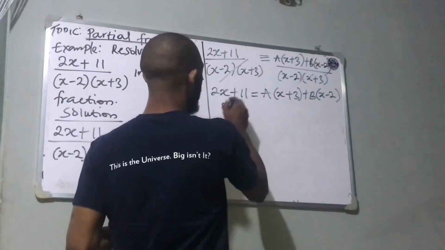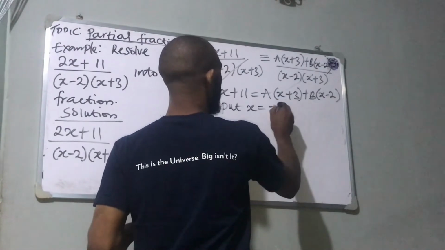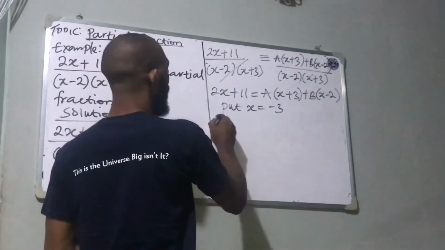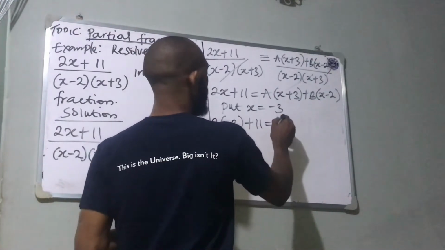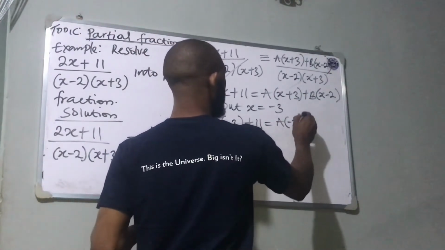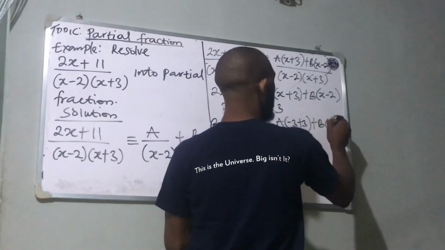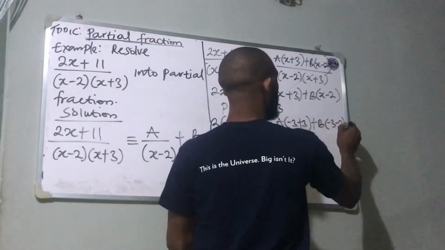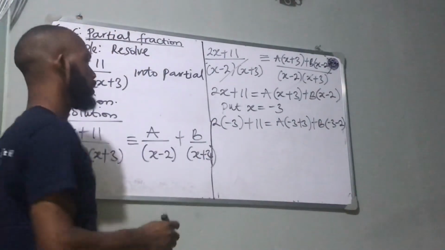So put x equals to minus 3. Now if I do that, I'll have 2 times minus 3 equals a(minus 3 plus 3) plus b(minus 3 minus 2). Now 2 times minus 3 will give me minus 6.